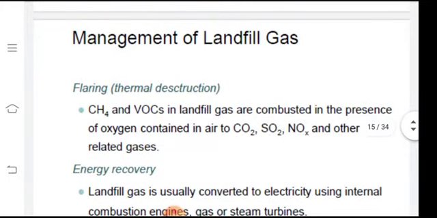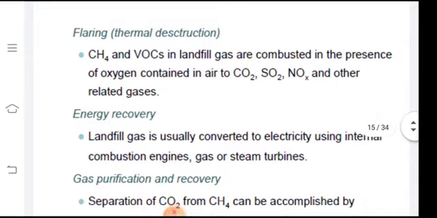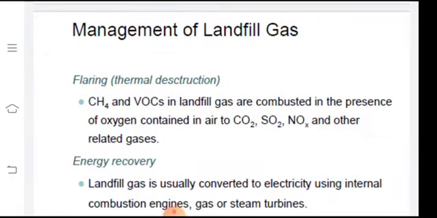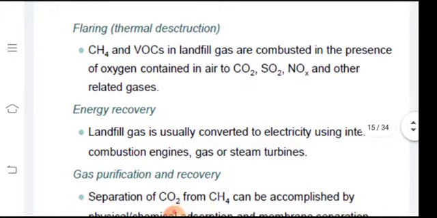So the management of landfill gases is very important, because three methods will be used in managing the landfill gases. Firstly, flaring. This is the thermal destruction.